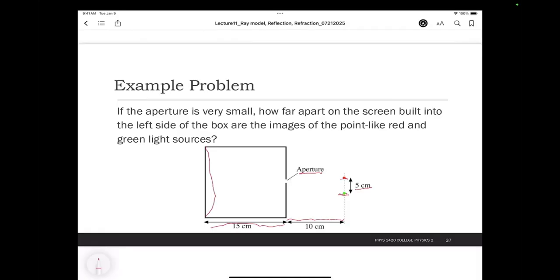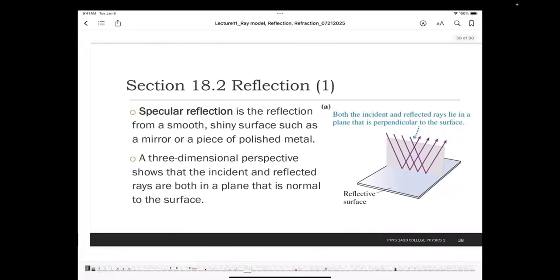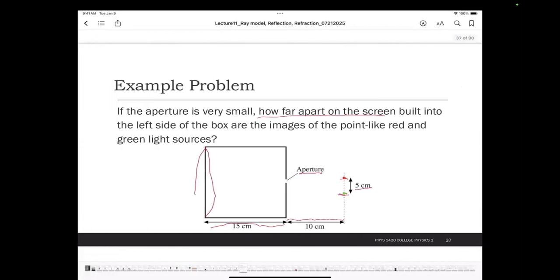So the question asks how far apart on the screen. Here is the screen, and built into the left side of the box are the images of the point-like red and green light sources. For this problem, there is a law.